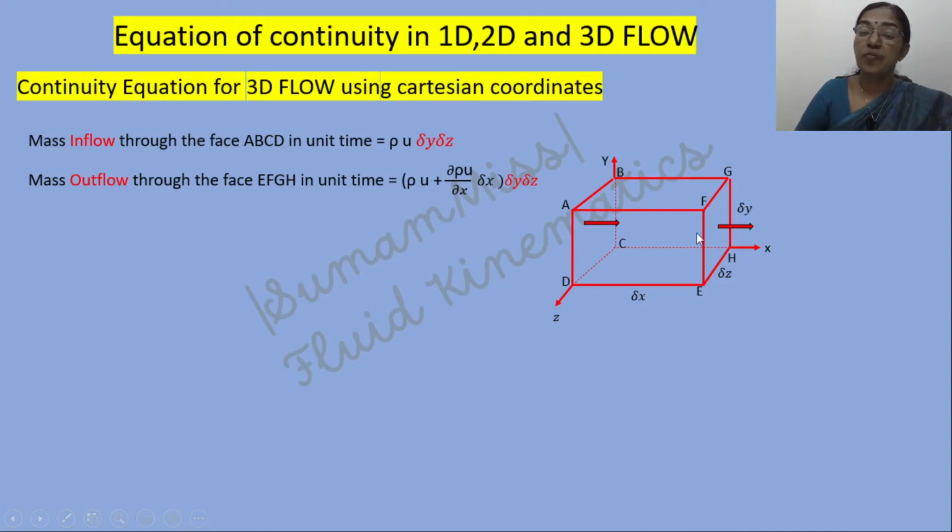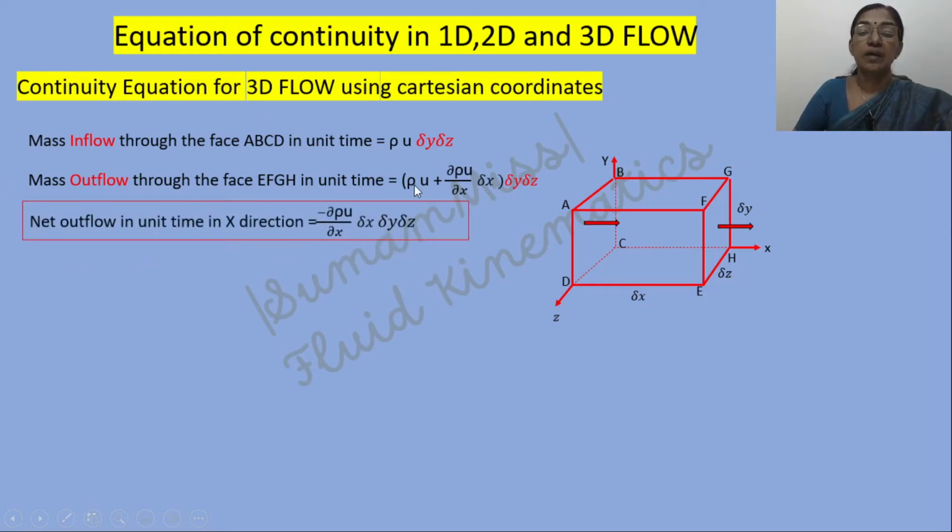So the net mass outflow in the x direction per unit time is the difference of these two, that is, rho u into delta y into delta z minus rho u plus dou by dou x of rho u into delta x into delta y delta z, which is equal to minus dou by dou x of rho u into delta x delta y delta z.